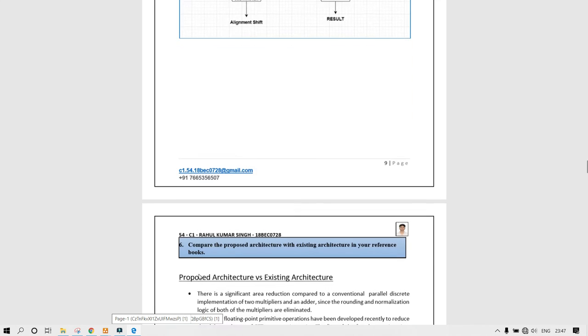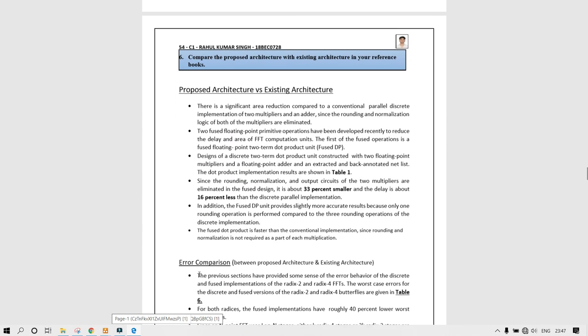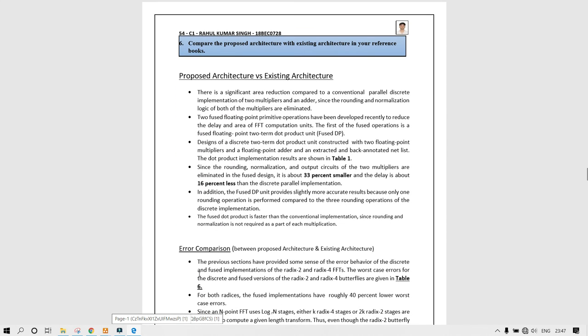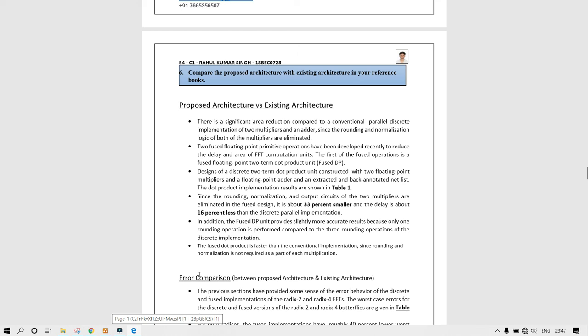Now moving on to the next question, which is to compare the proposed architecture with the existing architecture in your reference book. As we saw in the tabulated results in the previous question, we can compare the proposed architecture with the existing architecture. There is a significant area reduction compared to the conventional parallel discrete implementation of two multipliers and an adder, since the rounding and normalization logic of both multipliers are eliminated.